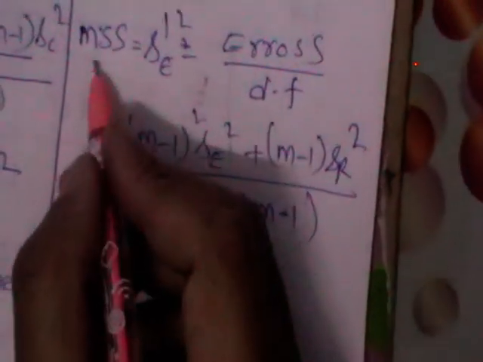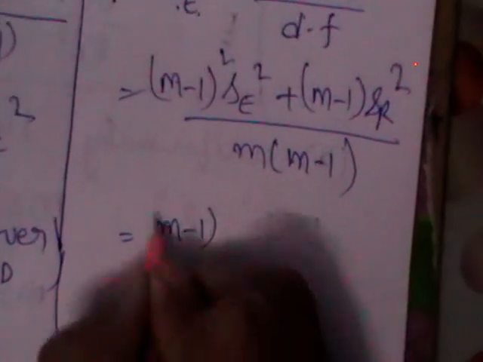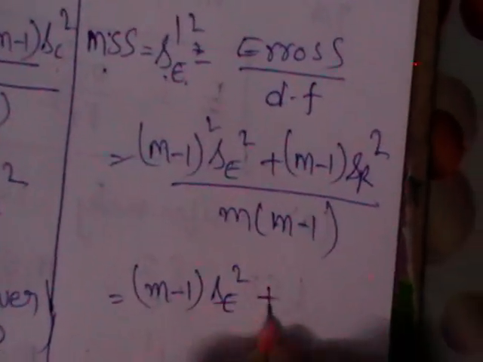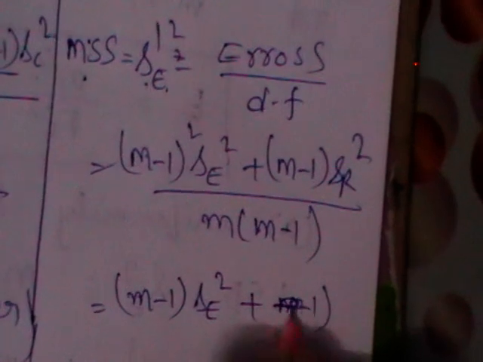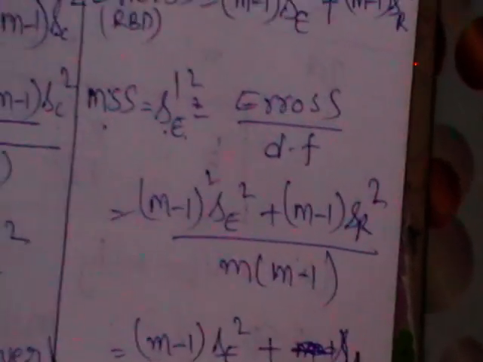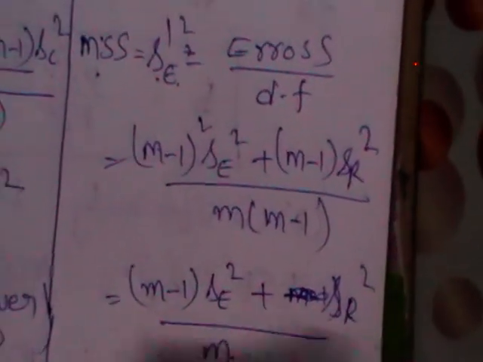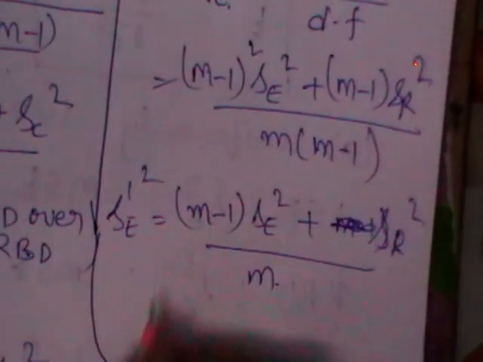If you take m minus 1 common, you get m minus 1 into SE square plus SR square by m. So this is S dash square.